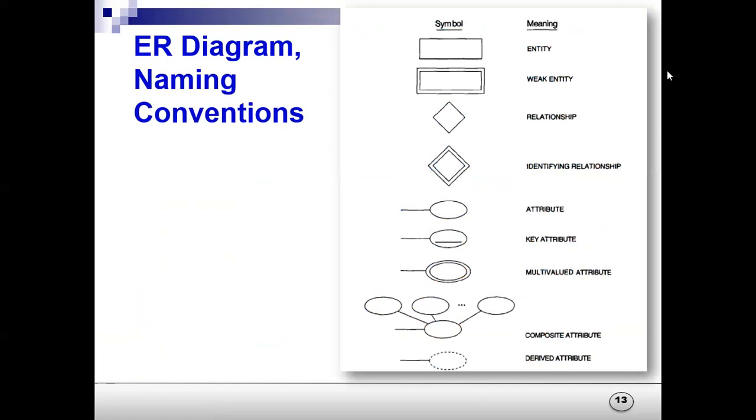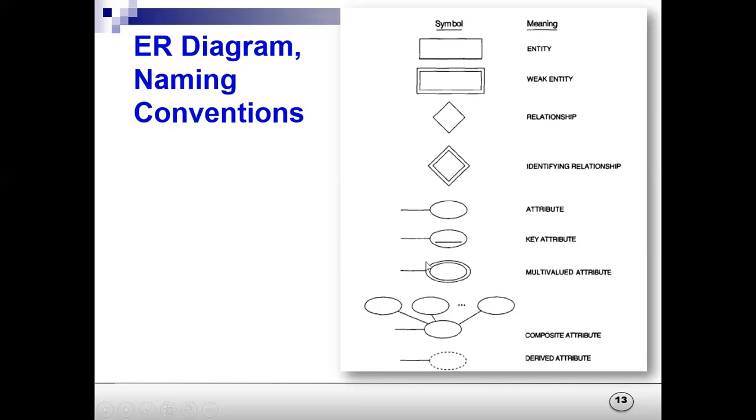Then relationships are represented using a diamond. Double diamond means weak relationship, or identifying relationship. Attributes are represented using an oval. Key attribute, that is the primary key, is represented using this symbol, underline. Suppose employee ID, then you underline it and you write it this way.